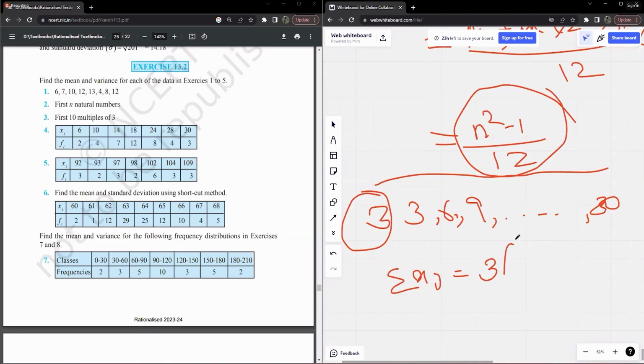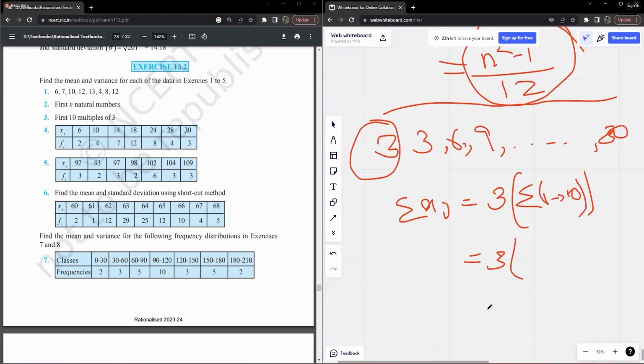Which is basically 3 times 10 into 11 by 2, which is 3 into 55, that is 165. So your mean x bar is going to then be equal to 165 divided by 10, that is going to be 16.5.